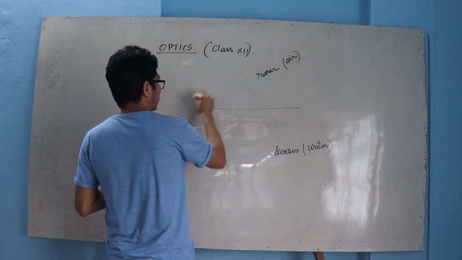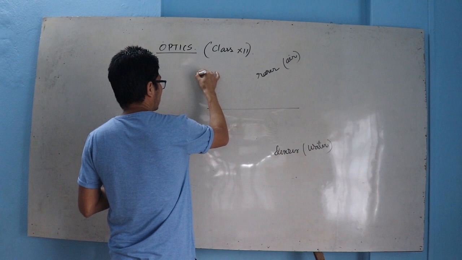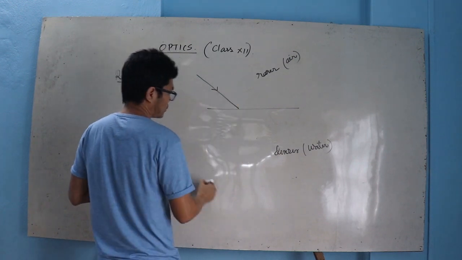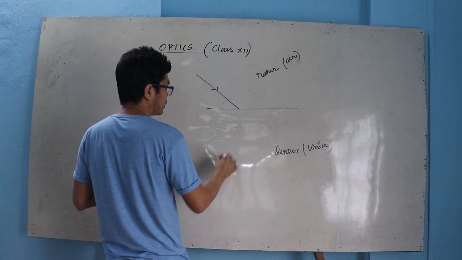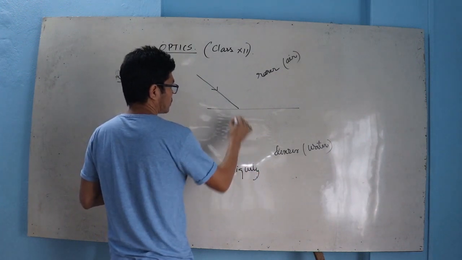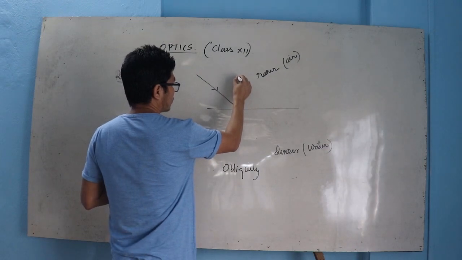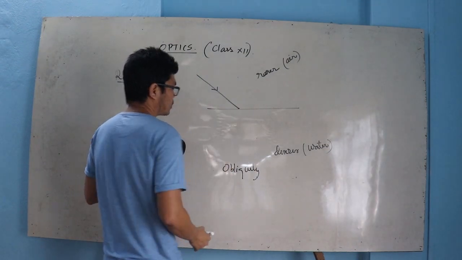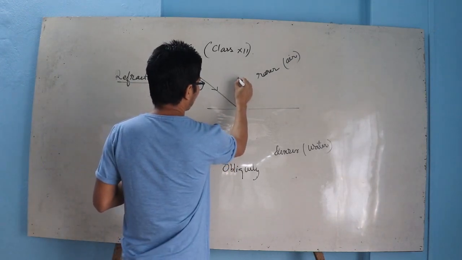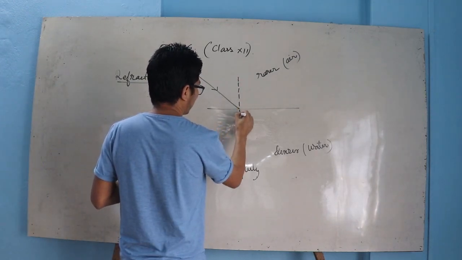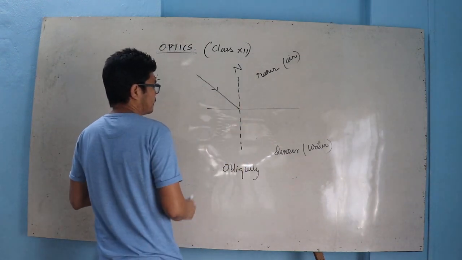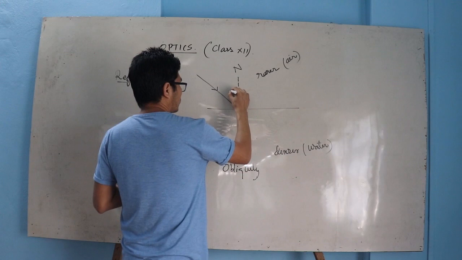Then if an incident ray falls on the surface obliquely, this point will be the point of incidence, and through the point of incidence you need to draw a line, and this is what we call the normal. This is the normal, and this will be your angle of incidence i.